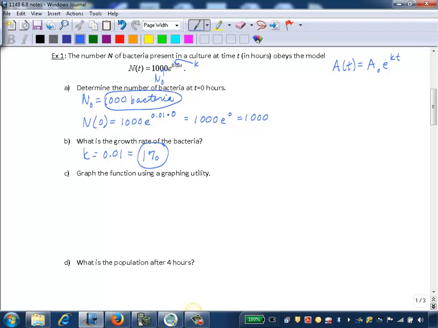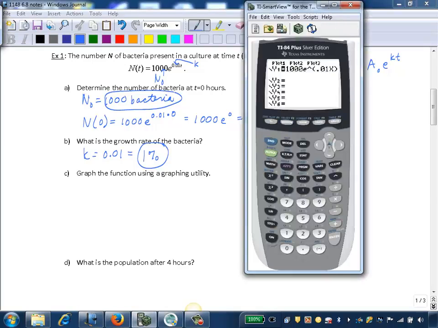Now, part C, we want to graph this function using a graphing utility. So we can enter this function into our y equals editor, so we've got the 1000 times e, and then you use your e to the x here, the second function of ln, and you'll enclose your exponent in parentheses, so that's that 0.01x. Now let's talk about our viewing window. So generally, when we're talking about real-life phenomena, we frequently have positive quantities.